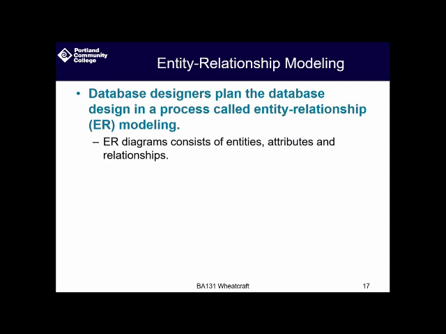Another aspect of setting up the database is this idea of the entity relationship. When you hear that term, entity relationship or ER, this is looking at how the entities and attributes relate to each other.